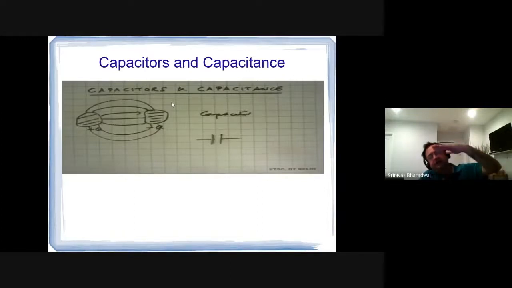That is, some of the charge will go towards the negative plate, that is, the positive charge will go towards the negative plate, and the negative charge will go towards the positive plate.